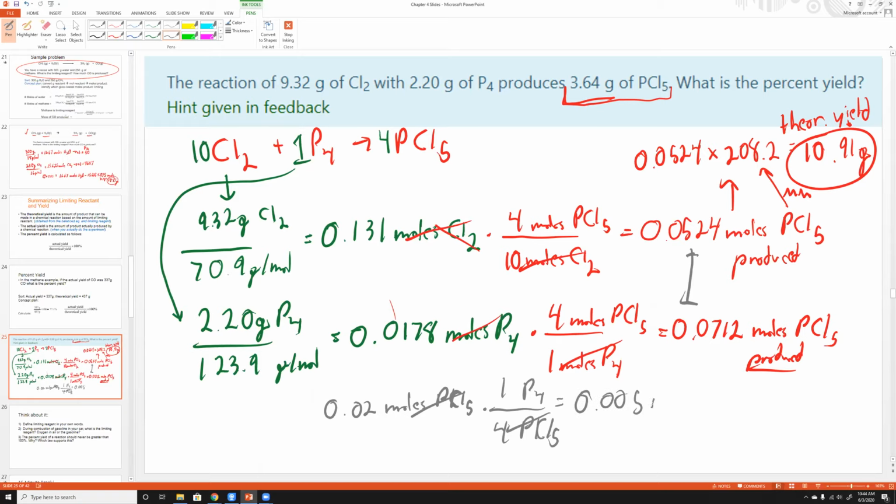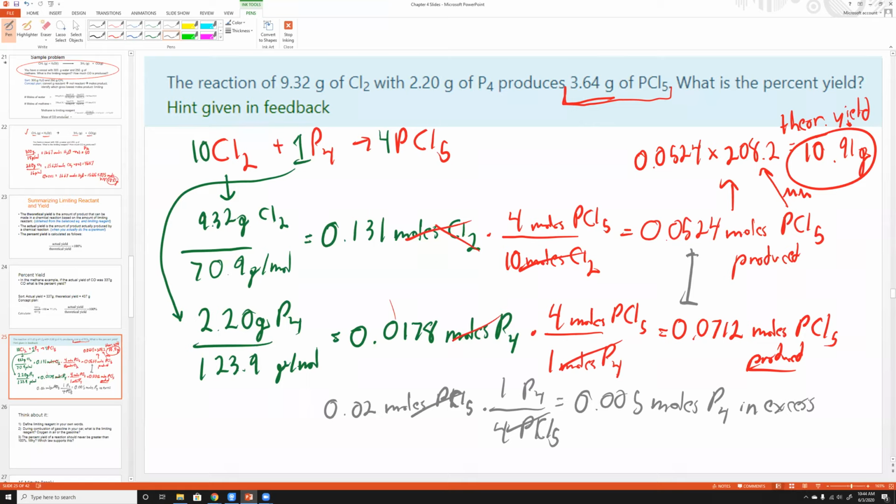And this is how many moles of P4 are in excess. And then you can multiply that by the molar mass to figure out the amount in grams. Okay, does that make sense?